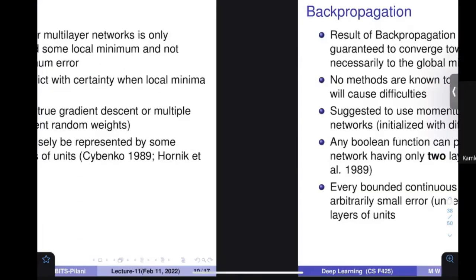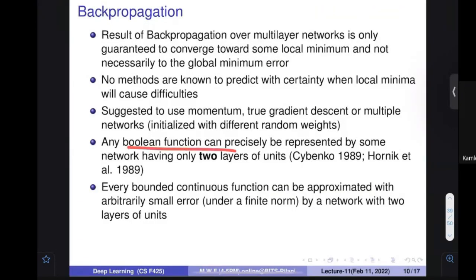We have seen earlier also that any Boolean function can be approximated very nearly, bounded continuous functions can be approximated very nearly, and 2 layers are sufficient. So backpropagation makes it possible to train deeper neural networks, and that's a very interesting idea.